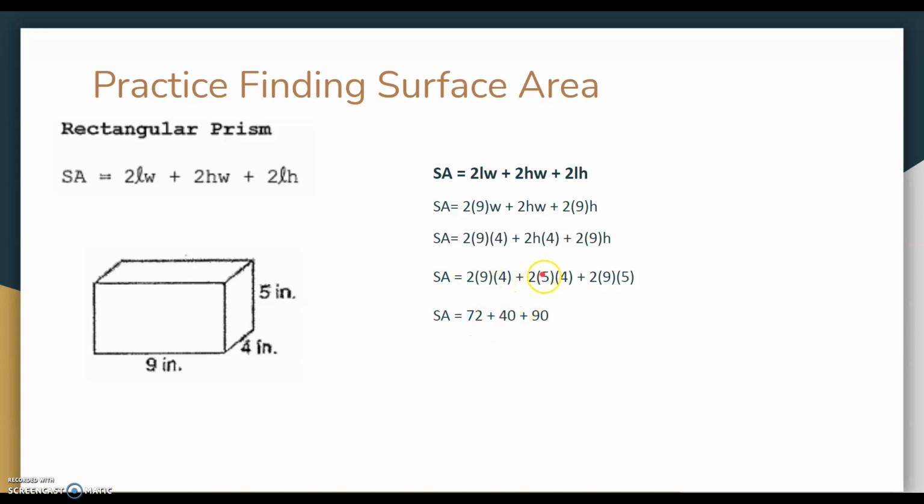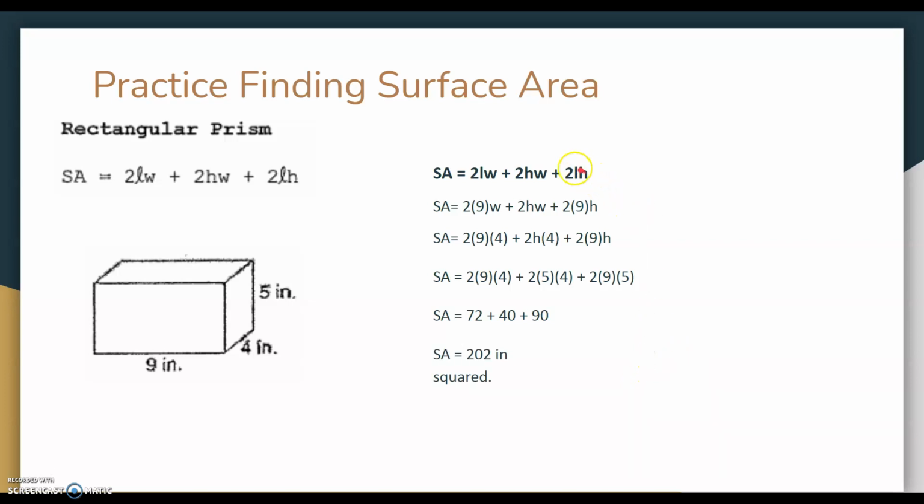Then 2 times 5 times 4, I get 40. And then lastly, 2 times 9 times 5, I get 90. After I multiplied all 3 sets of my numbers, my last step is to add these numbers together. So 72 plus 40 plus 90 gives me a surface area of 202 inches squared.